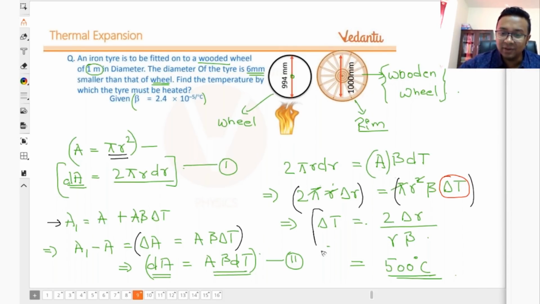Now combining all these things together, I get 2 into delta r divided by r into beta. Delta r is whatever the change in the radius is, r is the initial radius we are taking, and beta, the value is given. You put down the values, you get the value of delta t as 500 degree centigrade. All right, students. So this is in a nutshell this problem.